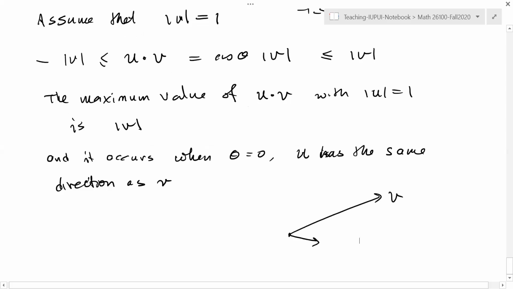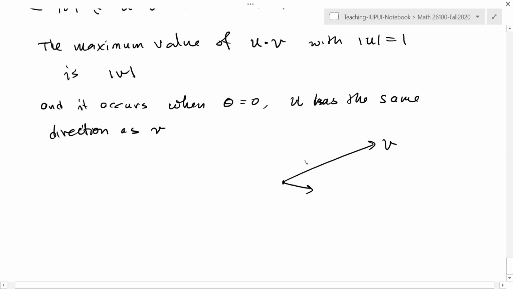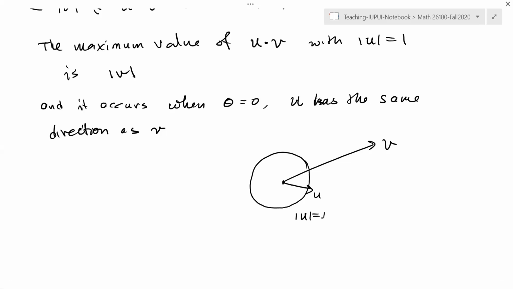The u are all the unit vectors, so I can draw the circle. Among all the values, this is u, the length is going to be 1. The inner product has its maximum value only in that direction.